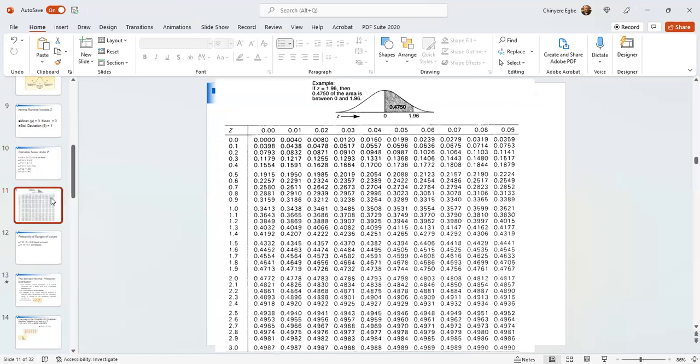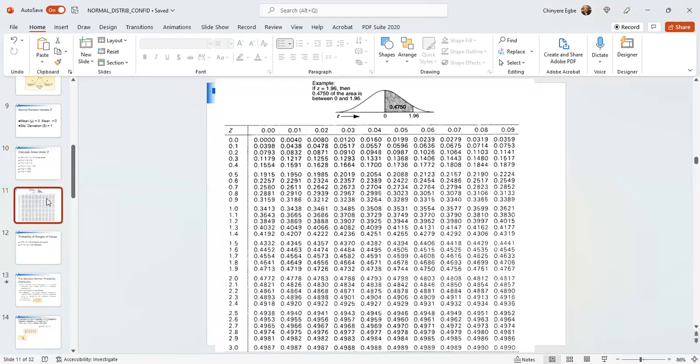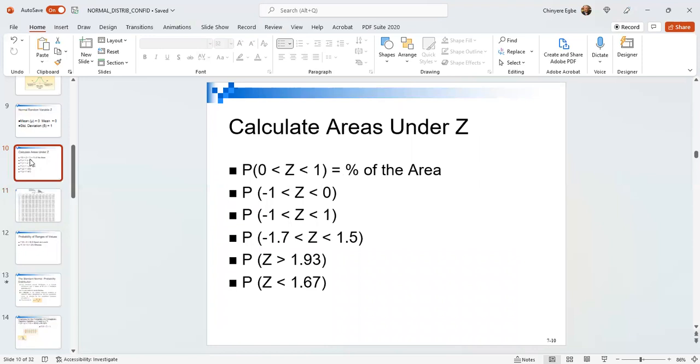Now, in order to be able to solve these problems, the equation of the normal distribution has already been solved. So you don't need to solve it, and I'm not going to represent the equation here. But our ability to resolve the assignment is going to be based on our understanding of the normal distribution.